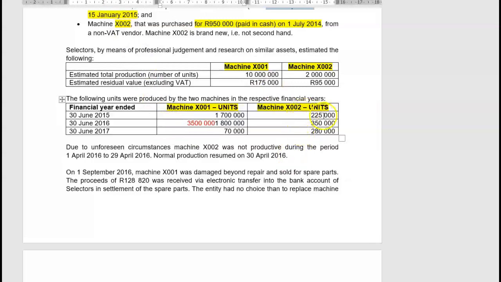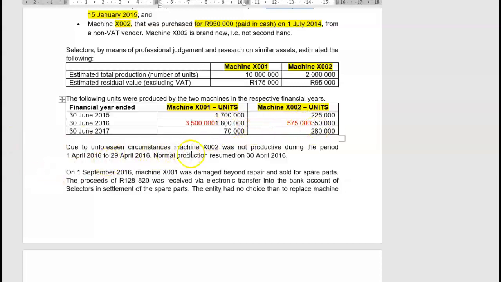If you look at machine X002, it is 225,000 in year 1, and it is 350,000 in the 2016 financial year. So if we add that all together up to the beginning of the current financial year, we have manufactured 575,000 units. And then obviously the last one, that is the current year's production.